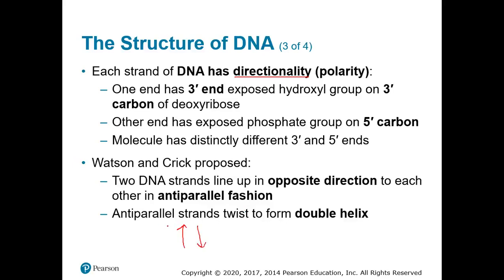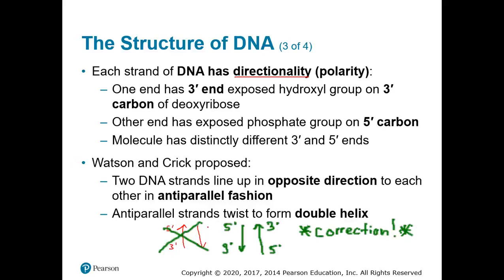So if one strand is running, say, 3' to 5', in one direction, the other strand runs in the opposite direction. It will run 5' to 3'. Okay, that's what we mean by anti-parallel. They are parallel to one another, but they are moving in opposite directions.